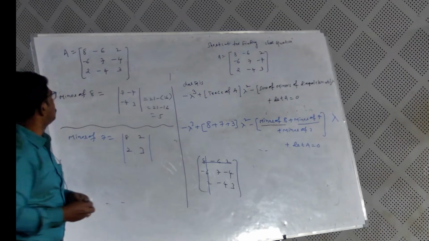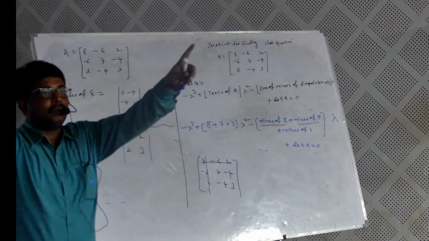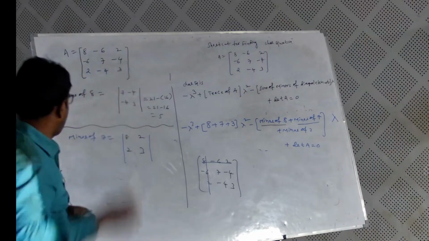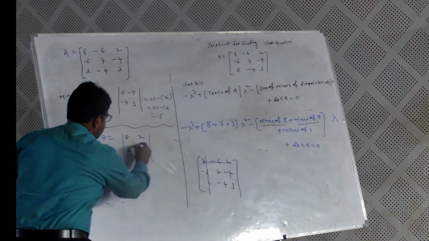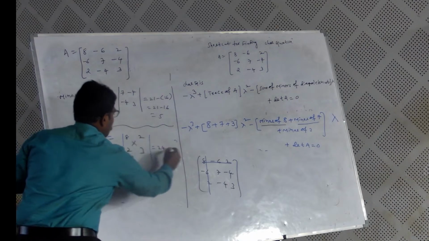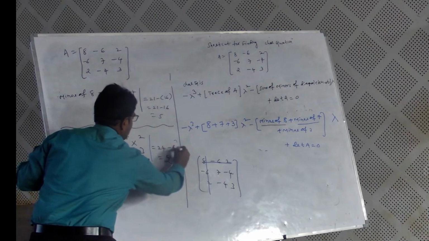If you delete the second row and the second column, the remaining elements are 8, 2, 2, 3. Are you following everybody? Okay. What is the result of this? 8 threes are 24, 2 twos are 4, 24 minus 4 is 20.